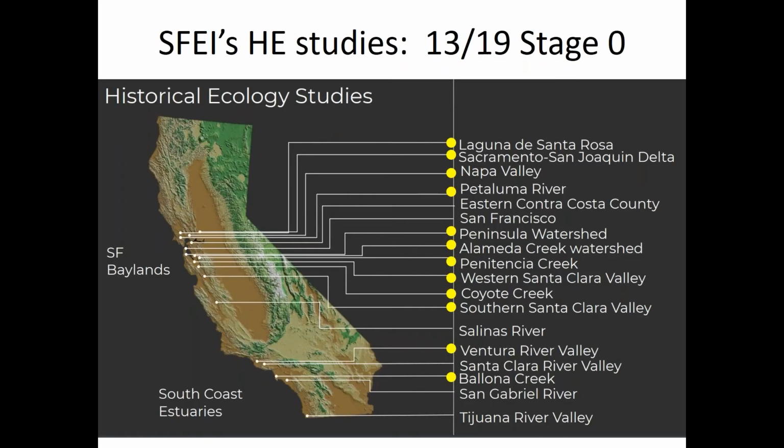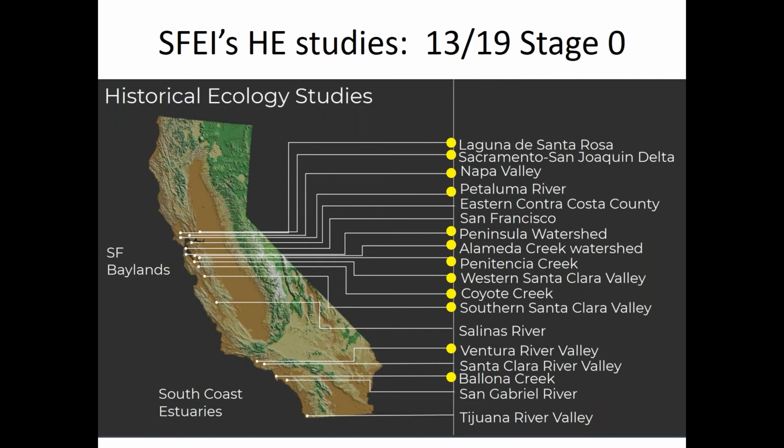We often turn to historic ecology studies to help us understand what conditions were like before disturbance, because we don't have good documentation. Even the General Land Office surveys, although they're very informative, weren't completed early enough to get all of the disturbances unraveled.